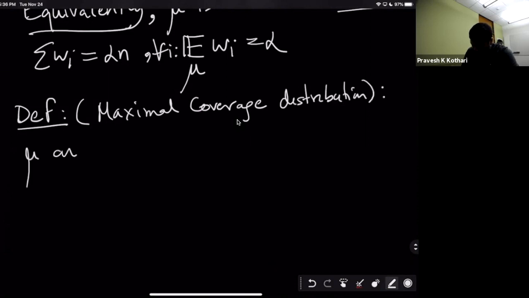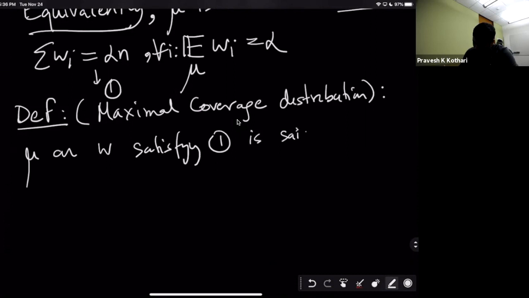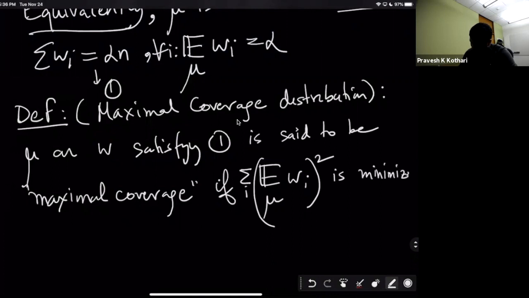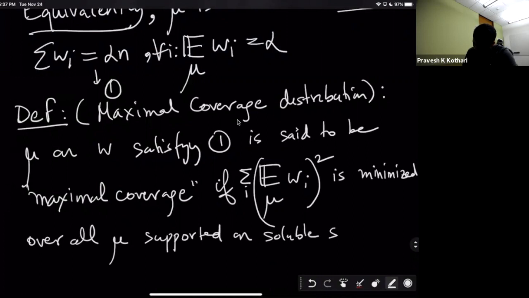A distribution mu on W satisfying property 1 is said to be of maximal coverage if the expectation of the sum of the squares of the Wi is minimized over all mu supported on soluble sets.